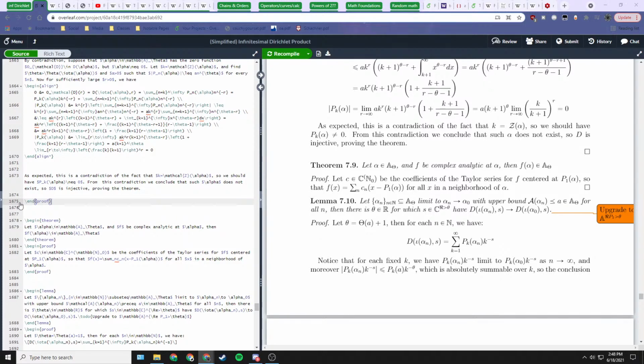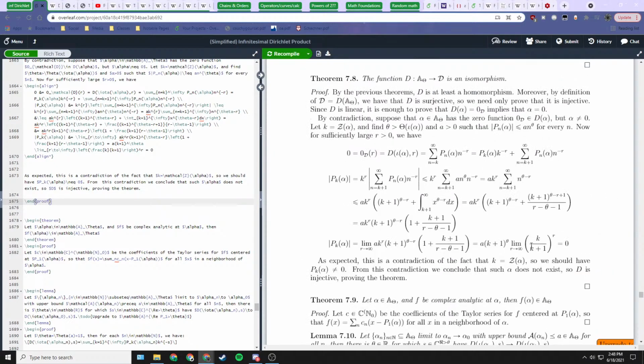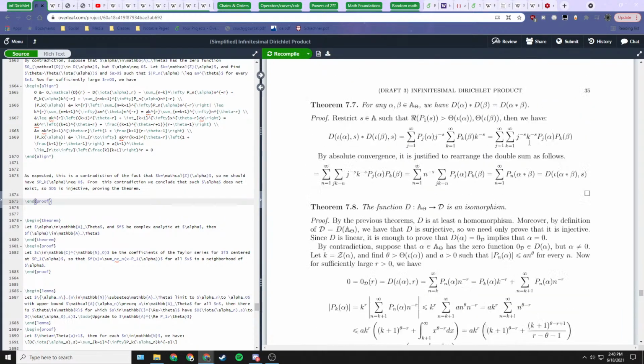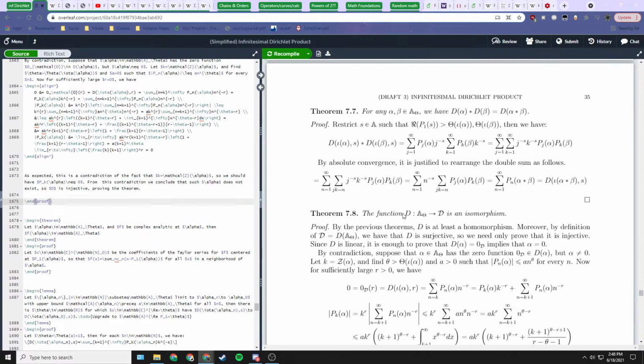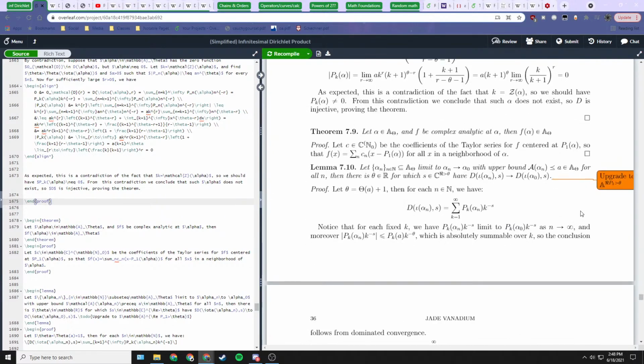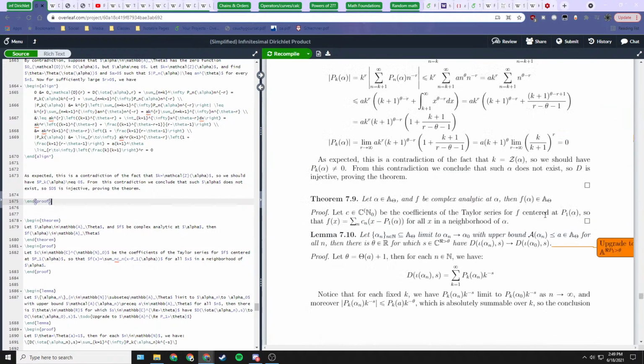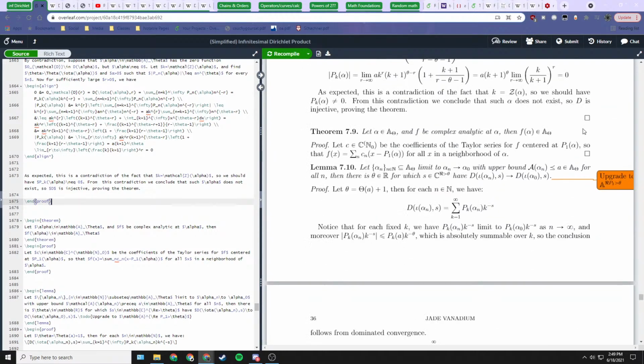Let's see what we've got. We've gone up to the point where our function D is an isomorphism between A theta and D, script D. That's fine. And what we want to build up to is this. But to do that, we need some more helping things.